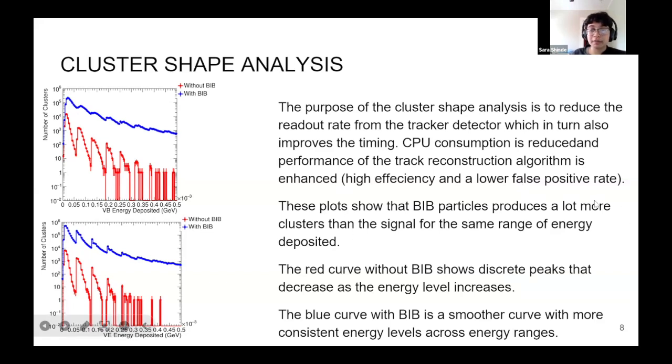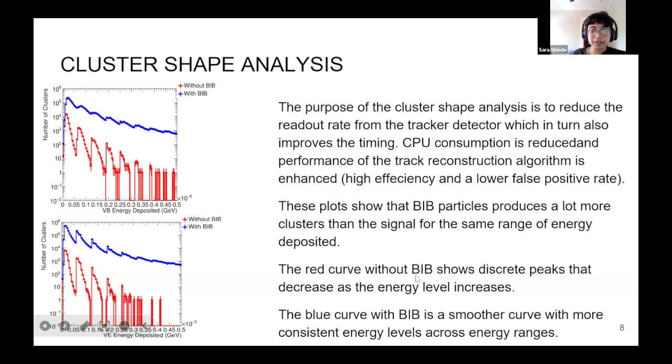These plots show that BIB particles produce a lot more clusters than signal for the same range of energy deposited. In both of these plots, the red curves show BIB.